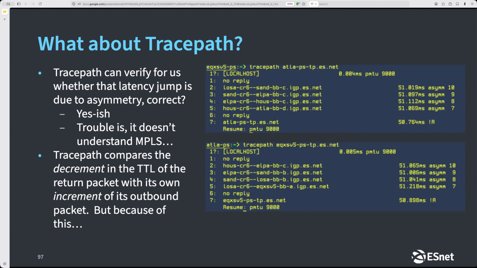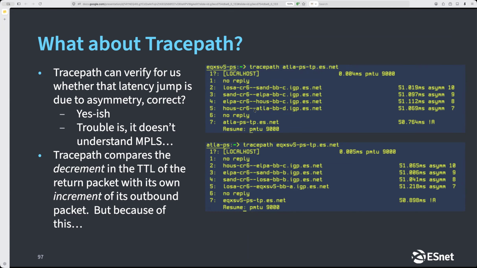You can see I've traced path between 2 Perfsonar nodes in ESnet. You can see the path is the same. It's just the reverse of the previous path. In terms of the hops that it's actually taking, Houston to El Paso to San Diego to Los Angeles to Equinix San Jose. And then the other way around, it's Los Angeles to San Diego to El Paso to Houston to Atlanta. All right.